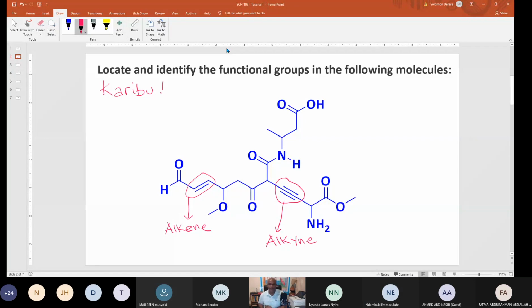And then when you look at this molecule, how about this one? First, let me look at this one. What do you call this one? Amine.